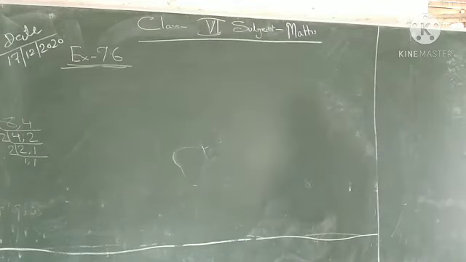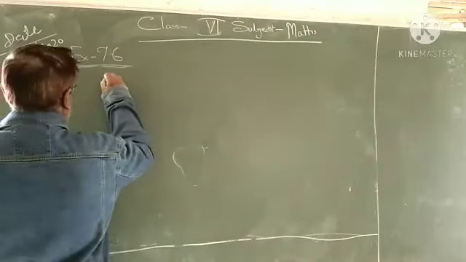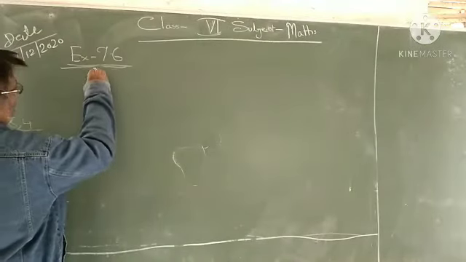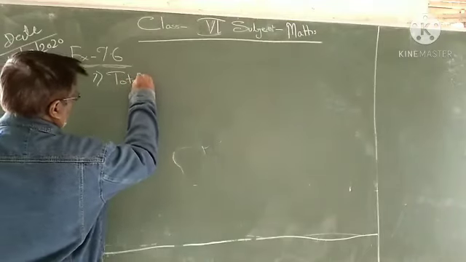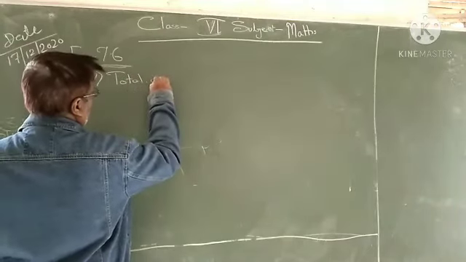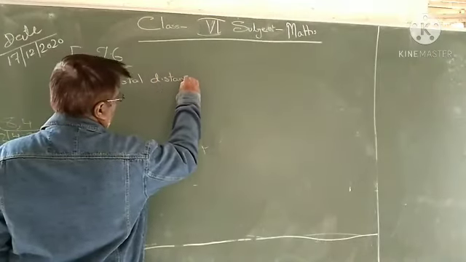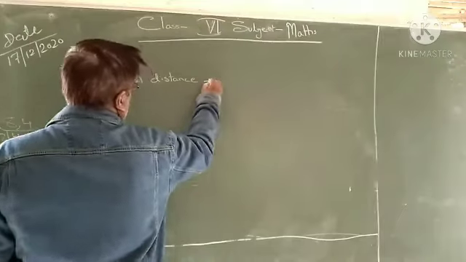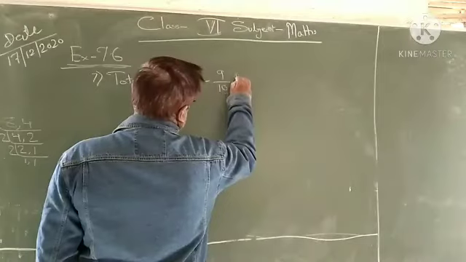She walked some distance and then took a bus for half a kilometer to reach the school. How far did she walk? So the total distance is 9 by 10 kilometers.